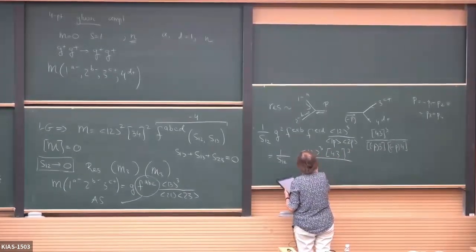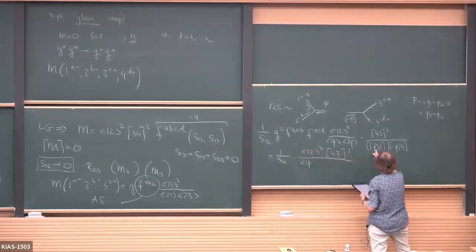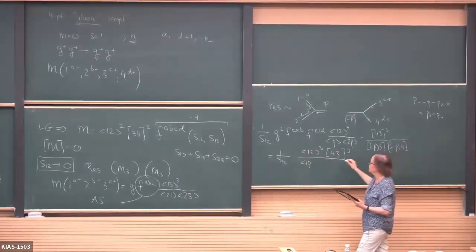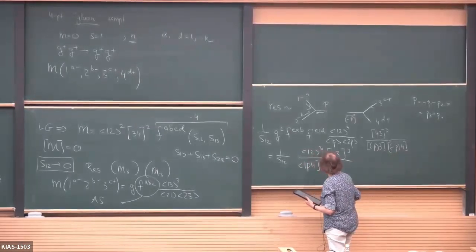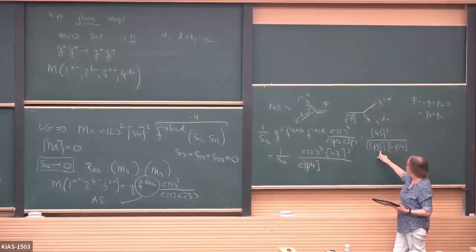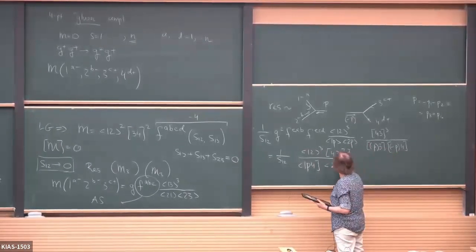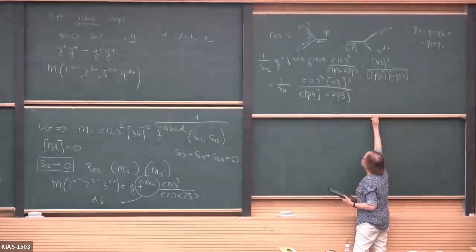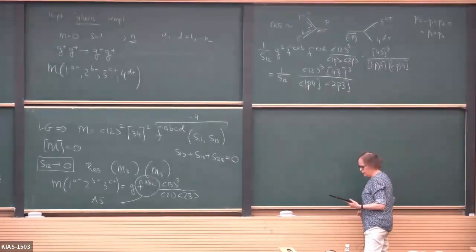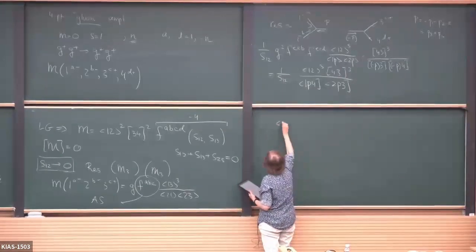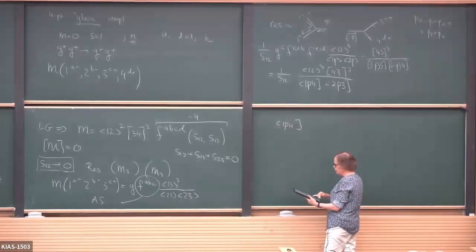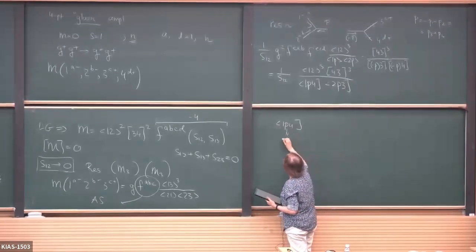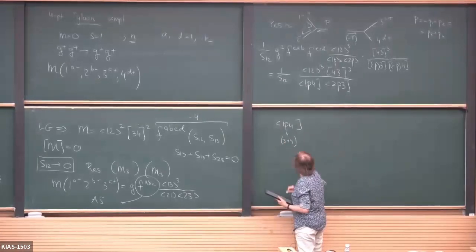And then I want to write ⟨1p⟩ and bring in this p4. So I can write this as ⟨1p4⟩, and then I have this ⟨2p3⟩. Now I can play with this a little bit. I can take the ⟨1p4⟩ and use the fact that p is equal to 3 plus 4.